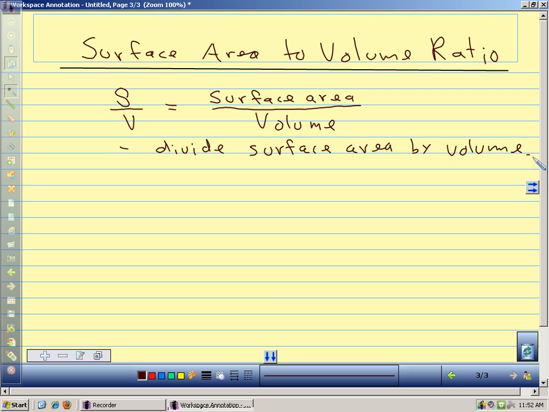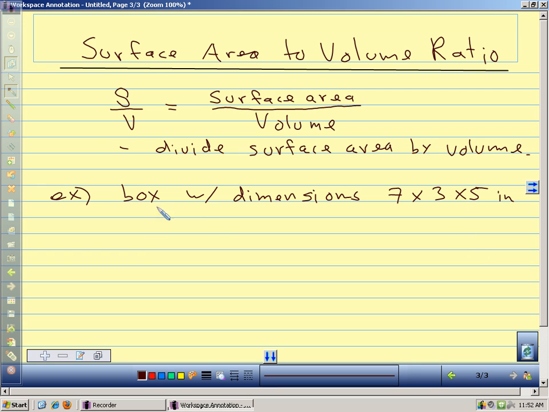So let's do one example of calculating a surface area to volume ratio, and then we will be done. So let's say we have a box, and our dimensions for our box are 7 by 3 by 5 inches.